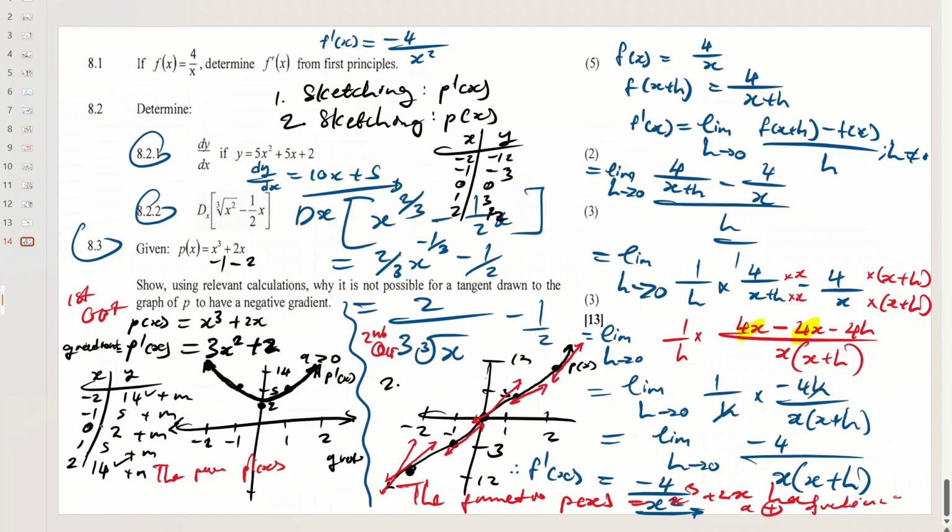Any value that you substitute there, whether it's negative or positive, it always produces what? Or always gives you what? A positive value, meaning that the gradient is always greater than 0. No matter what value you substitute here, it always gives you what? A positive value, telling you now it is not possible for your original function to have a negative tangent. And then done like that.